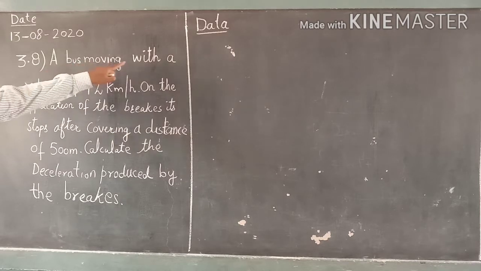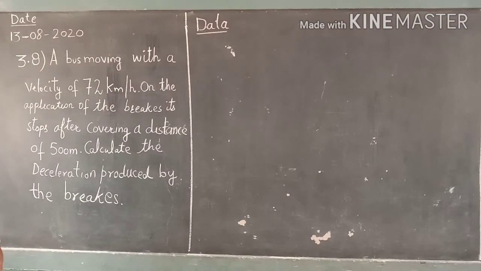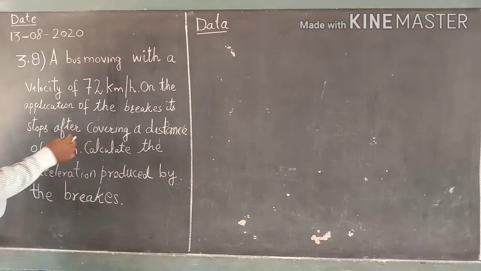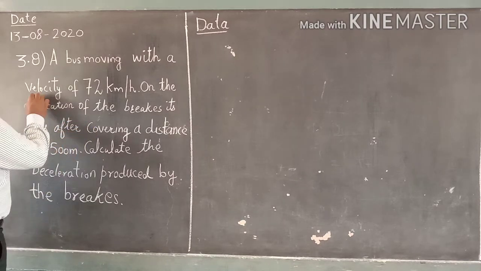A bus moving with a velocity of 72 km per hour. On the application of the brakes, it stops after covering a distance of 500 meters. So, first of all, we will write the velocities.